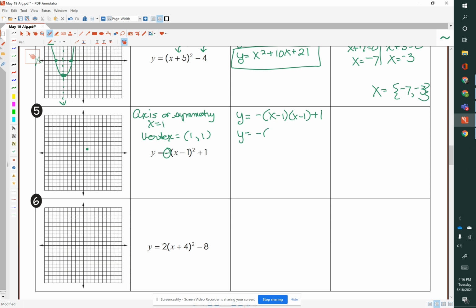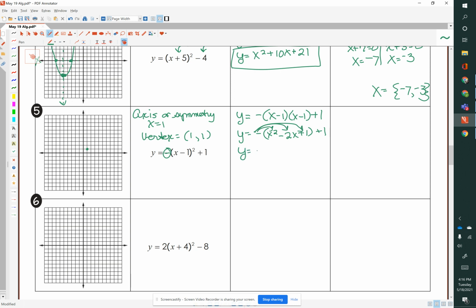So it would be negative, in parentheses, x squared minus 2x plus 1. -1 times -1 is +1, plus 1. And when we combine like terms and distribute the negative sign through, this will be a -1, then a +1.